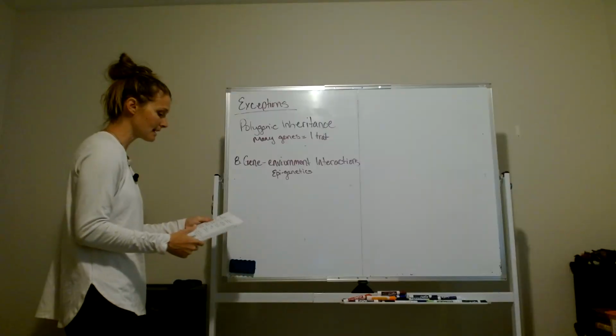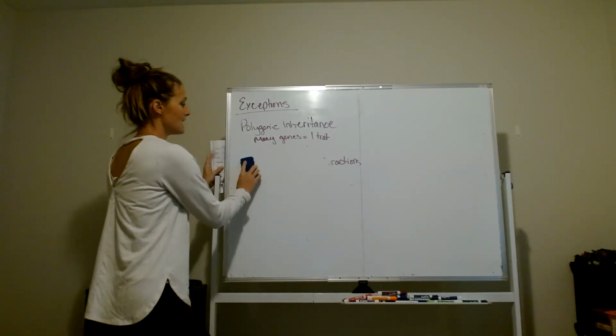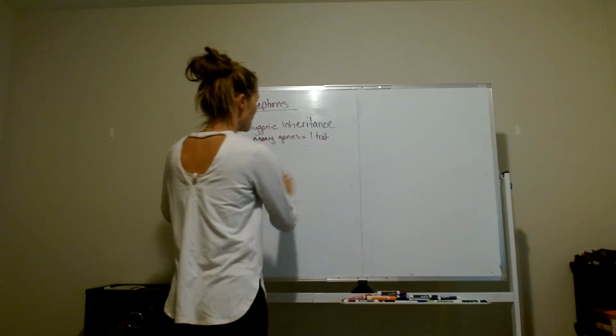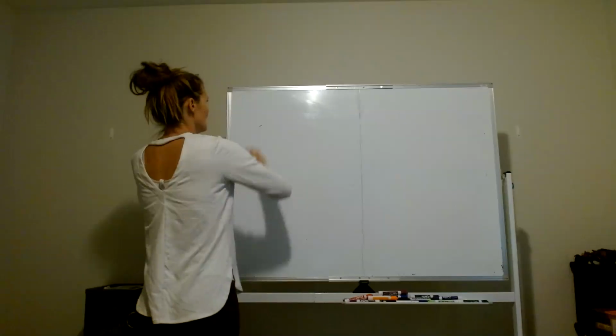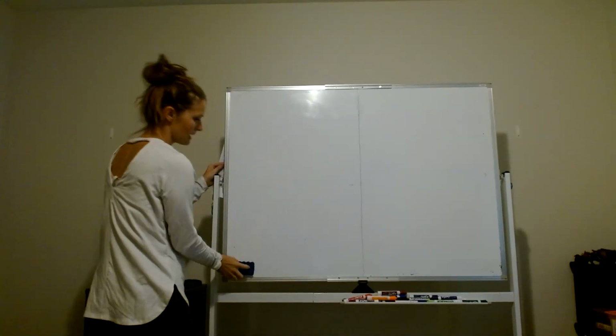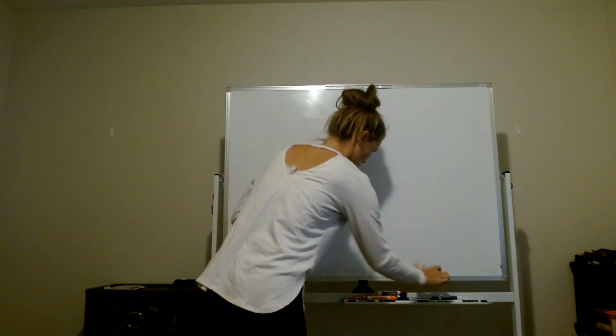Okay, so the last thing that I want to do is look at Mendelian genetics versus the modern view of it. So his laws and the modern view. We kind of already did that last time, but we're going to do it one more time.